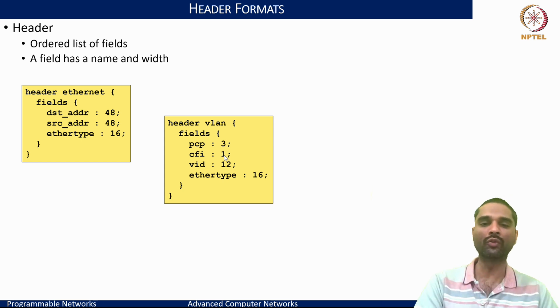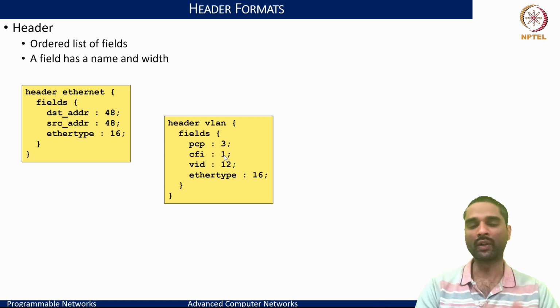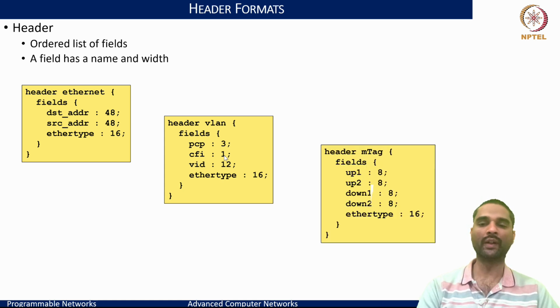We could also think of VLAN with the PCP bits, 3 bits, the CFI bit of 1, the VLAN ID of 12 bits, and an ether type of 16 bits. So we could embed the VLAN header fields in this order, 4 bytes of a VLAN header.